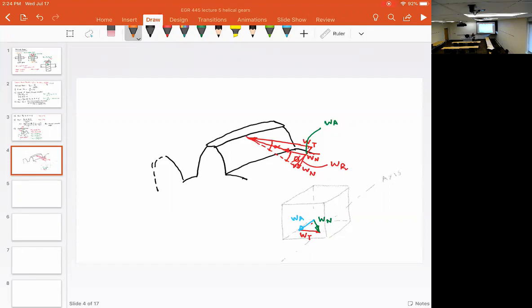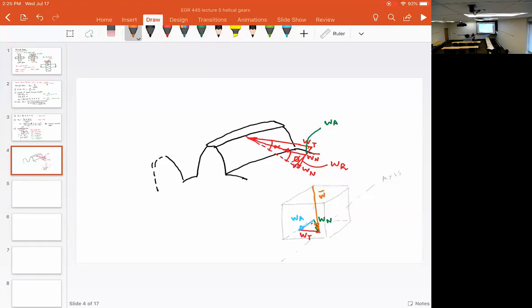And since this Wn has a pressure angle here, you are going to have a component of Wn, and that component of Wn is going to be somewhere like this. This is going to be Wn bar.